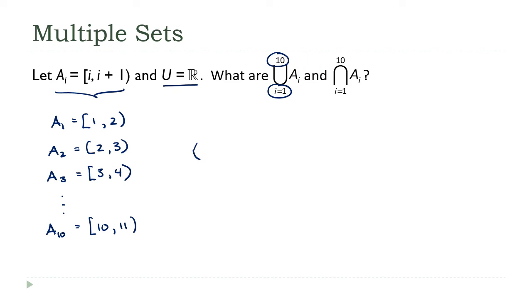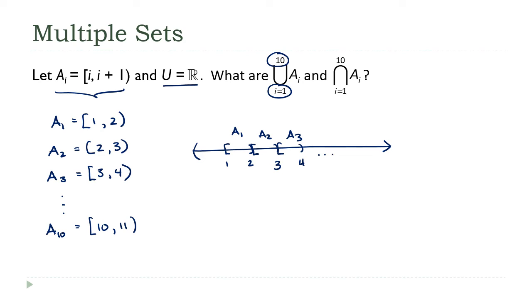All right, so if you kind of try to visualize this, let's think about a number line here. All right, A sub 1 is 1 out to 2. A sub 2, well, A sub 2 adds 2 into the mix, right? Because 2 is included in that one up to 3. Then A sub 3 is going to be 3 up to 4.